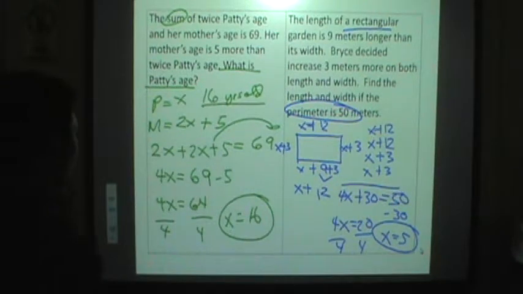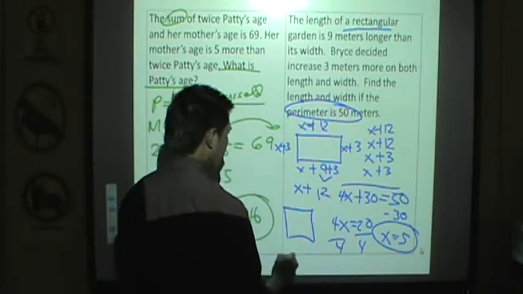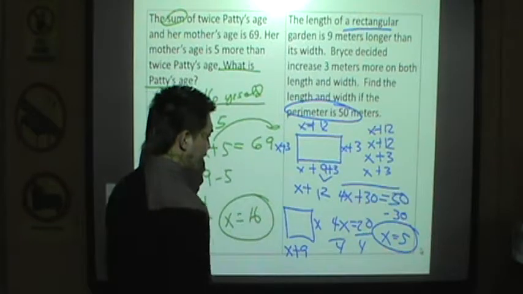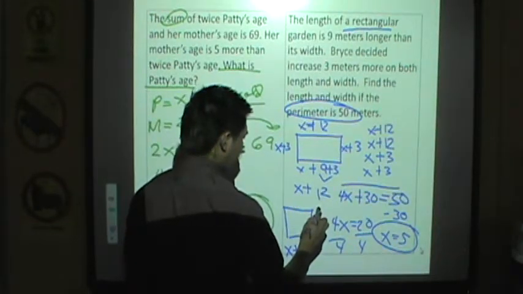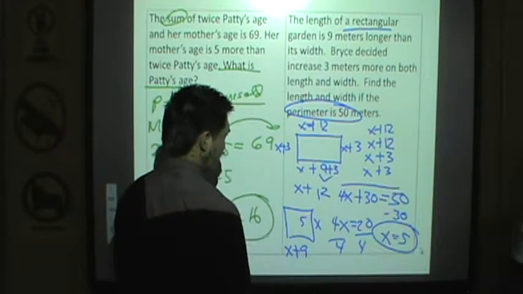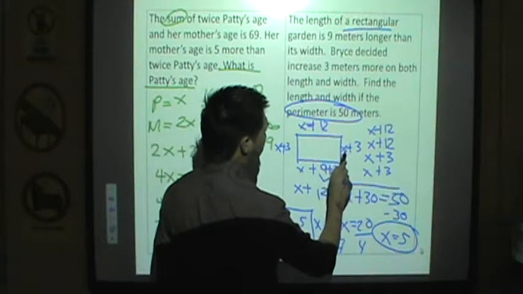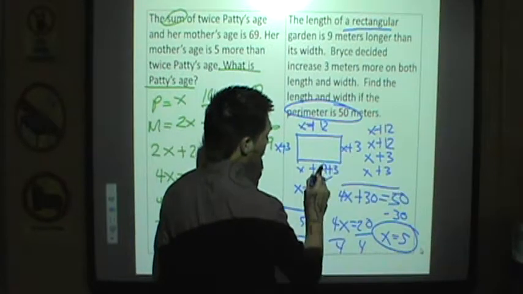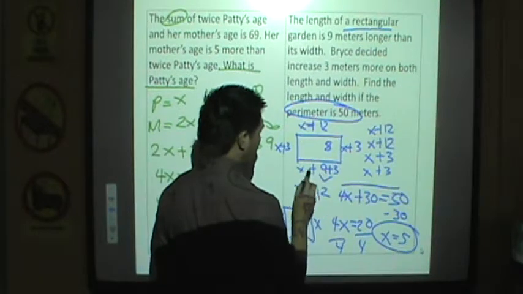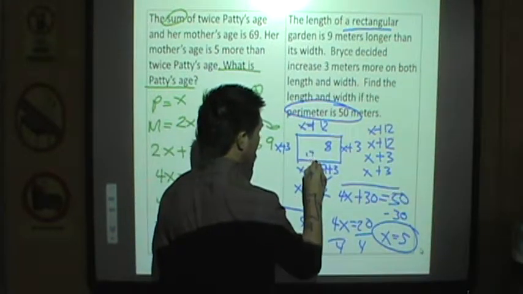Okay, so originally we have x plus 9, and then here is x. Therefore, the width is 5, and then, oh yeah, the width is 5 plus 3, that would be 8. And then the length would be 5 plus 12, it will be 17.